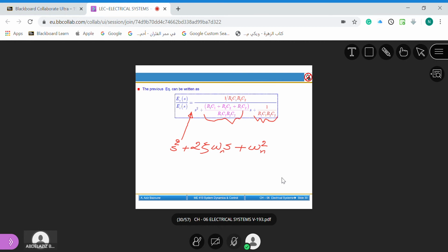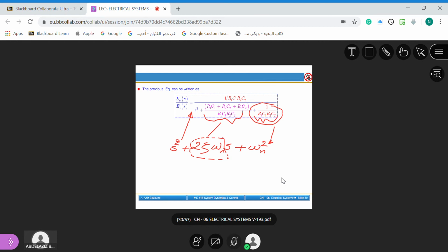So omega squared n is the natural frequency of the system, and this term is twice zeta omega n.